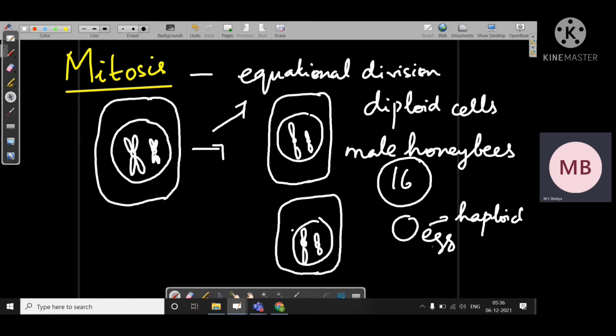Other than these exceptions, almost all mitosis takes place in diploid cells. So if this parent cell has 10 chromosomes, the daughter cells will also have 10 chromosomes each. So it's called equational division.